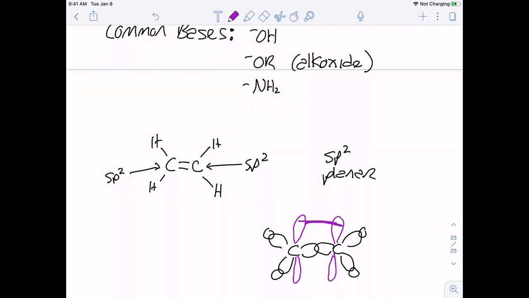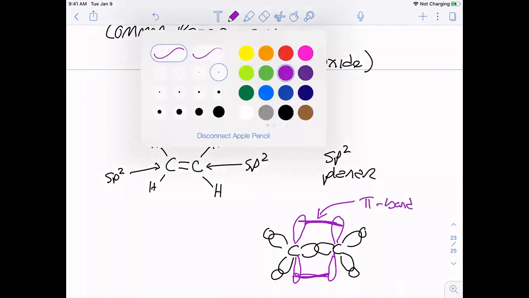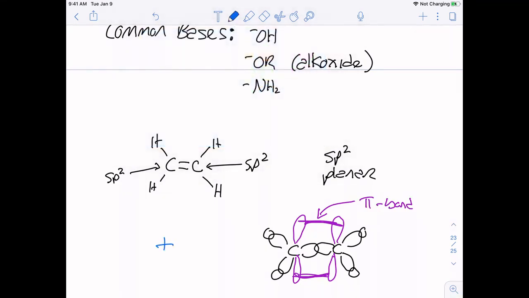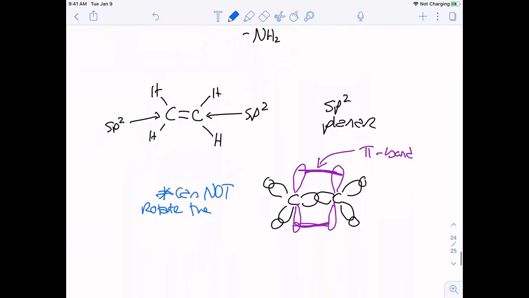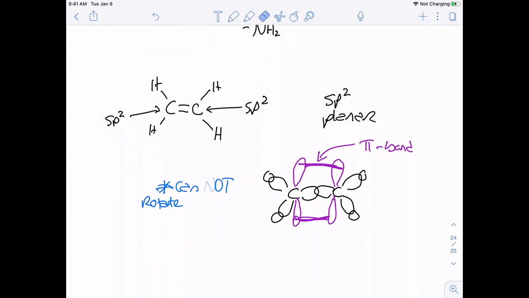And they're overlapping here and here. Because they're overlapping in those 2 spots, it does lack free rotation. So we cannot rotate the atoms about the pi bond.